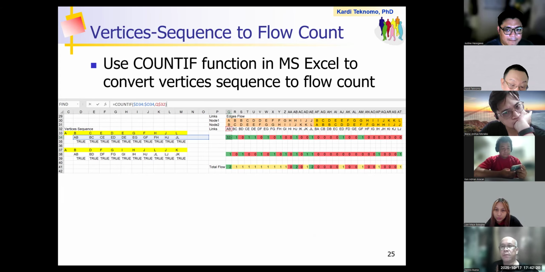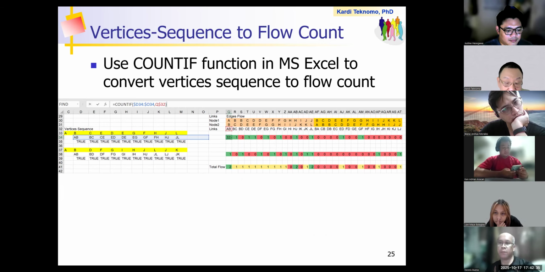To do that, we use the match function. The match function basically returns the index position of the matched label. If unmatched, it will return NA, not available. So to avoid that, we probably need to use ISNA.